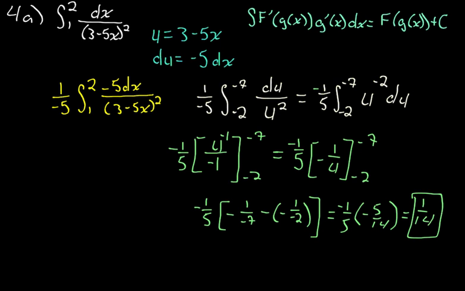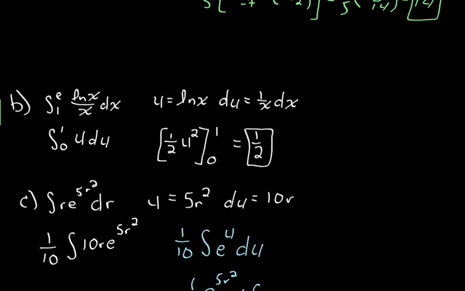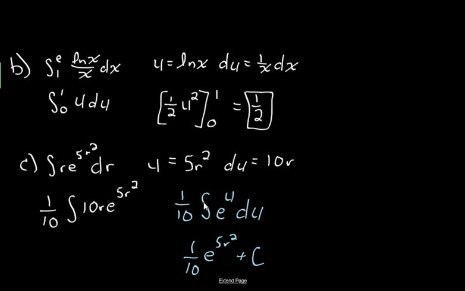Next one. I've got both of them up, just ignore the bottom part. The second one is pretty straightforward. So I let the natural log of x be my u value, because the derivative of the natural log of x is 1 over x dx. And looking at this, it's just u times du.